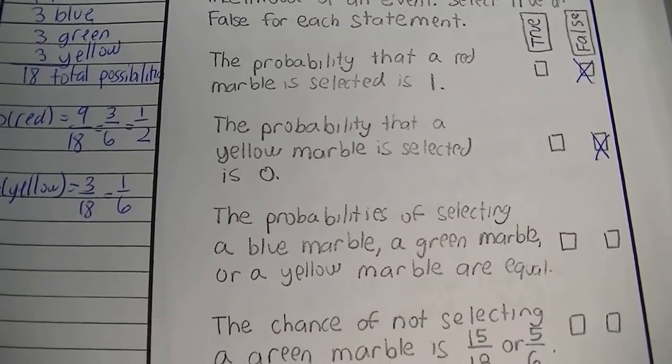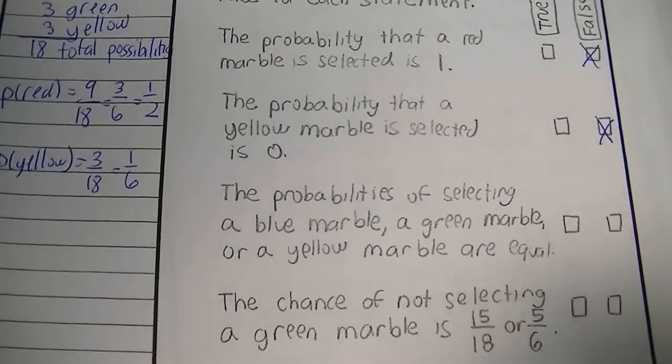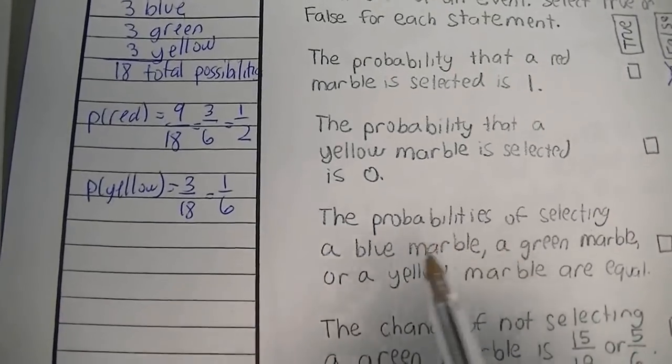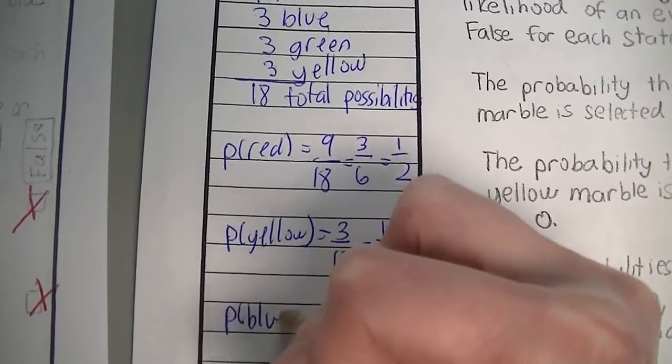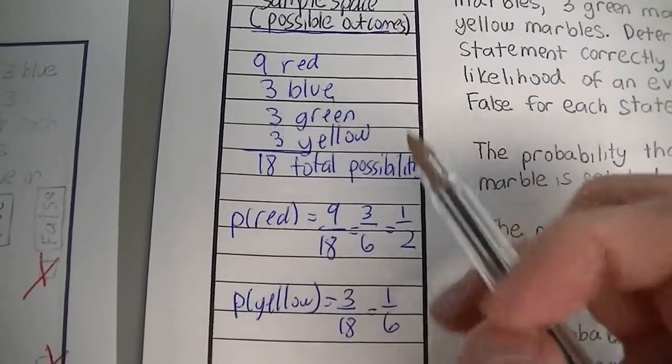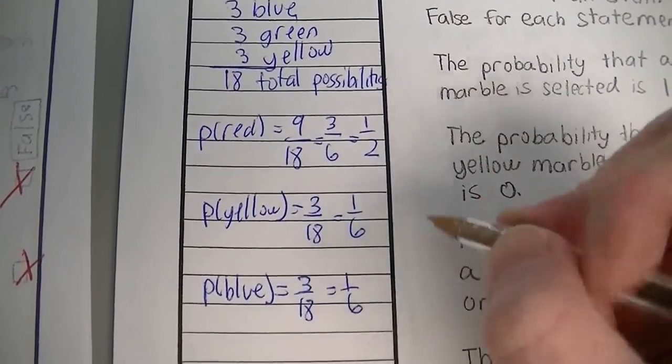Okay, the probabilities of selecting a blue marble, a green marble, or a yellow marble are equal. The probabilities of those happening are equal. So let's check. Probability of blue is 3 out of 18, which is also equal to 1/6.